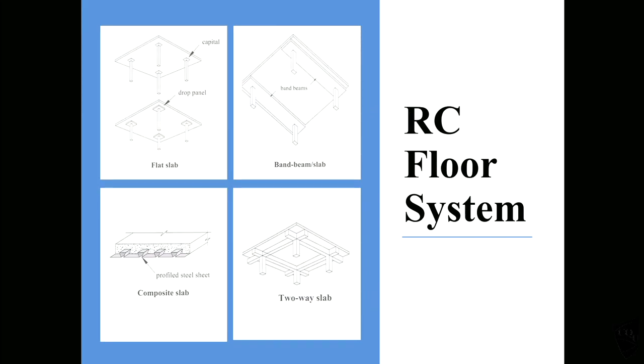So we have different types of floors or slabs. The first one is a flat slab. You can see there are no beams.